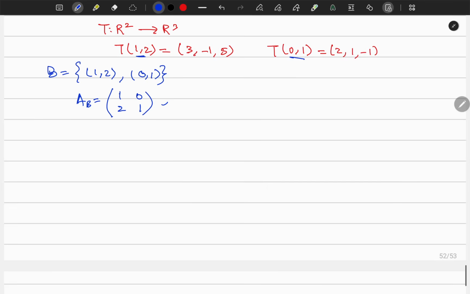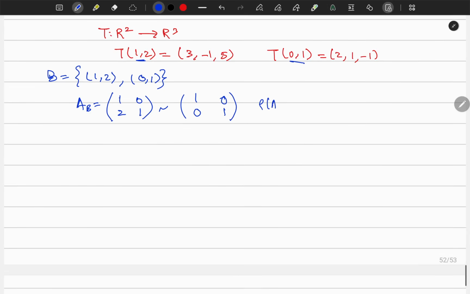You can do it this way: 1 0, 2 minus 2 is 0, and this is 1. You check the rank is 2, so the rank of A is 2, so the dimension is 2, which is equal to the dimension of your domain. So it means that it is a basis. So this forms a basis of R2.